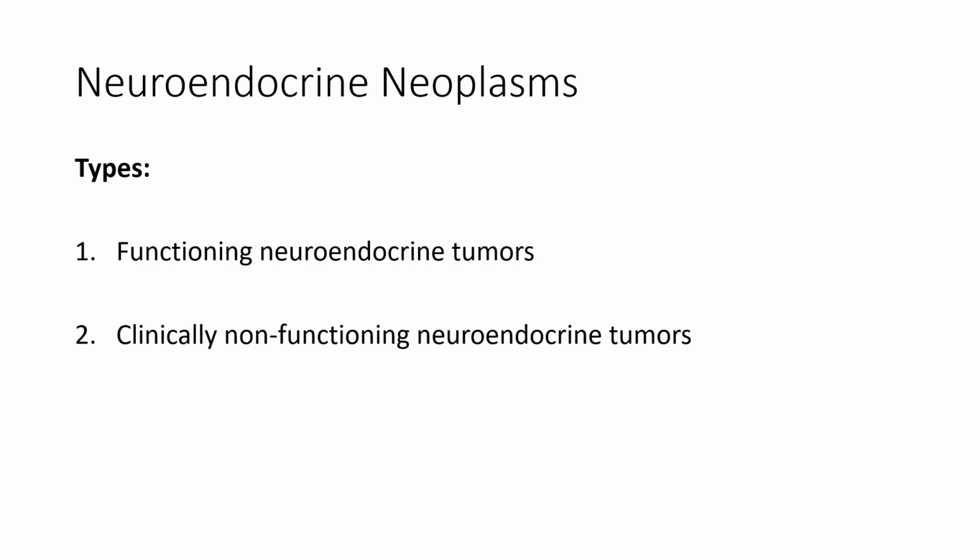Neuroendocrine tumors can be classified into functioning tumors and clinically non-functioning tumors. Functioning neuroendocrine tumors are tumors that produce hormones, and this abnormal production of hormones results in clinical symptoms. Clinically non-functioning neuroendocrine tumors can also produce hormones, which can be detected in the serum, but the hormones do not result in symptoms.